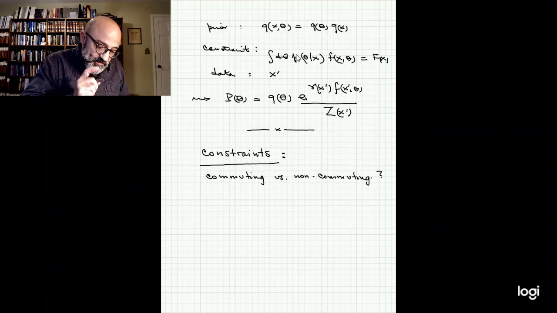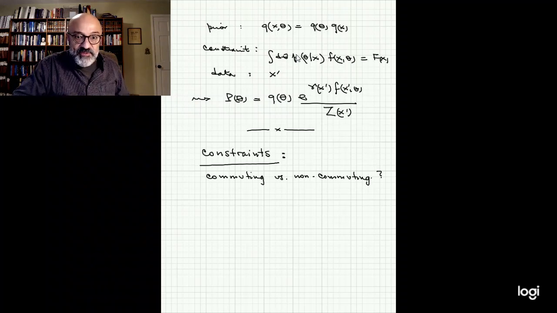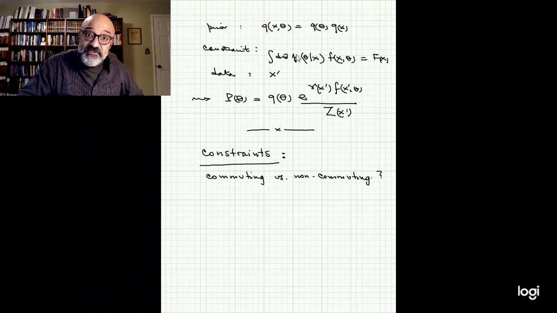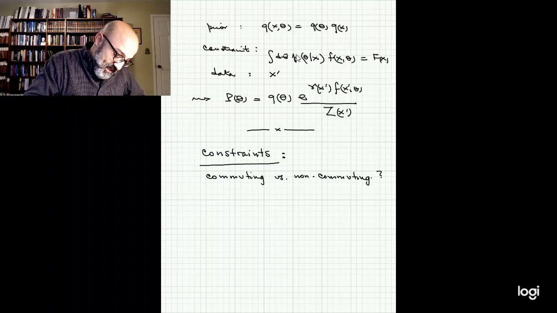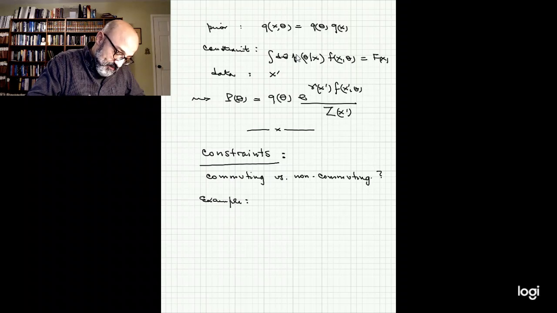We had one example of commuting constraints where we actually knew pretty well what we were doing. This is the case of data information, data constraints when you're doing Bayes rule. In Bayesian updating, here we start with an example. Here we do Bayesian updating.